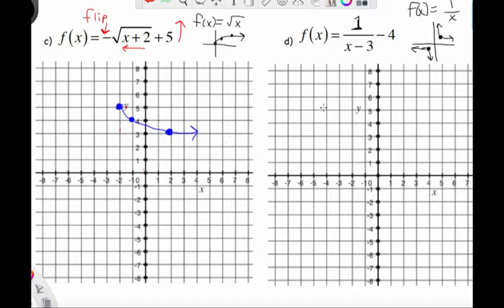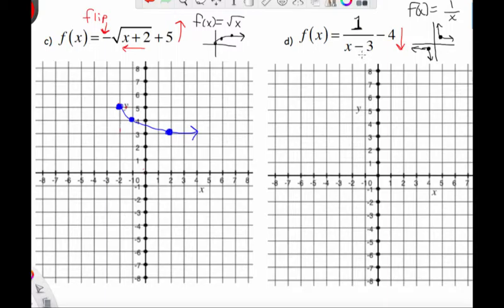All right, so let's go ahead and figure out what our shifts are. And it looks like on the outside of my function, way after the 1 over x is written, I have a downward shift of 4. And this minus 3 is underneath the fraction bar. It's contained within that function.